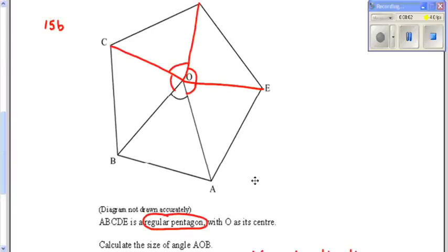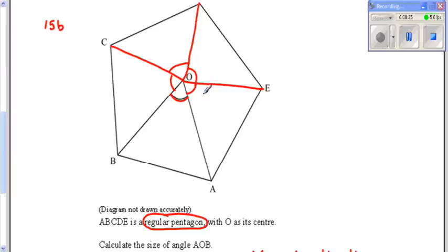Okay, 15b. We know it's a regular pentagon, and we've been asked to find this angle here, AOB. Right, the thing to remember here is if you join up the corners into the center of the pentagon, you end up with 1, 2, 3, 4, 5 triangles with angles at the center, and all those 5 angles are identical.